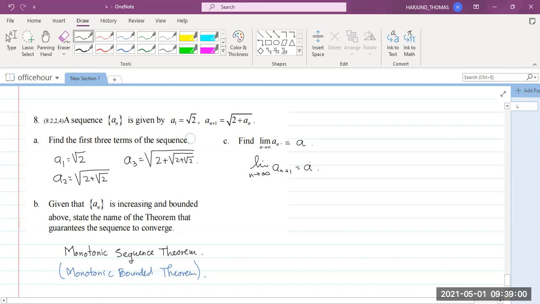It's convergent. Why? What do you mean? If I go one term further than infinity, would A be considered a constant? Yes, that's a constant. That's the limit.